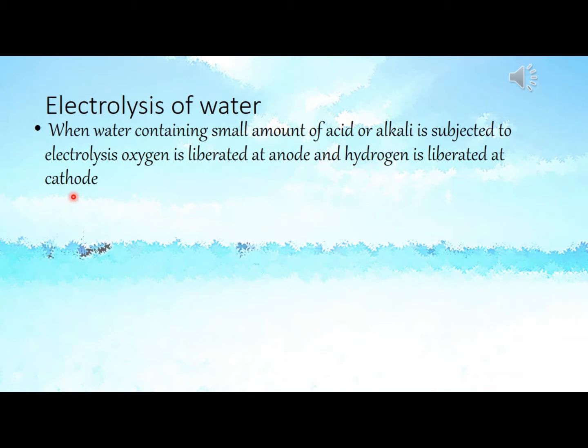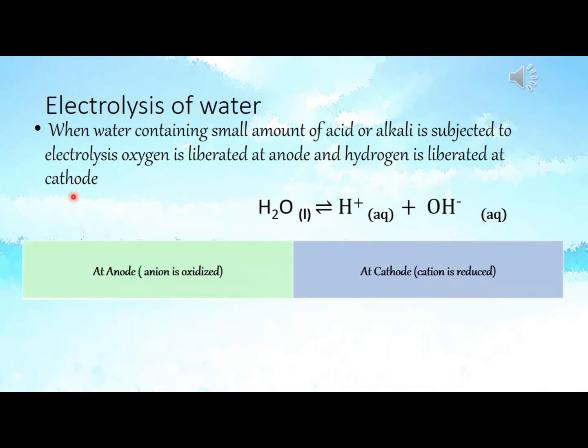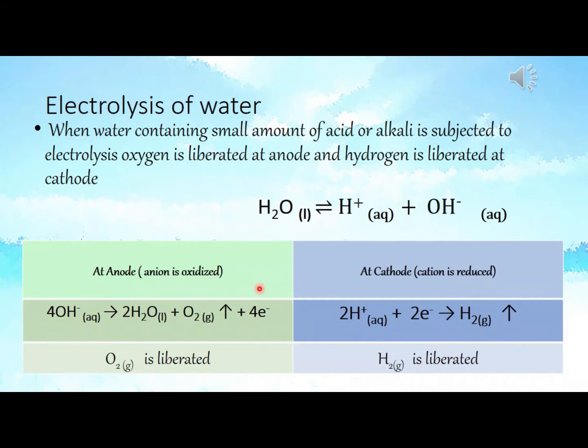Here again, at anode, oxidation takes place, and at cathode, reduction takes place. At anode, the anion is oxidized, and at cathode, the cation is reduced. At anode, oxygen is liberated, and at cathode, hydrogen is liberated.